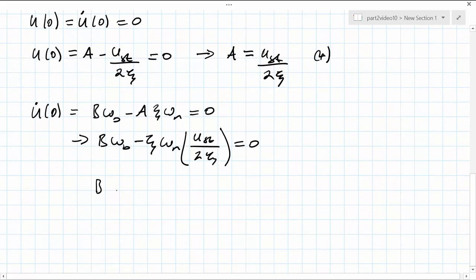So for B, we can then say it is equal to zeta omega n times u static over the damped natural frequency times 2 zeta.